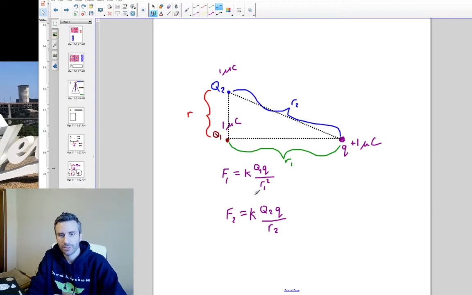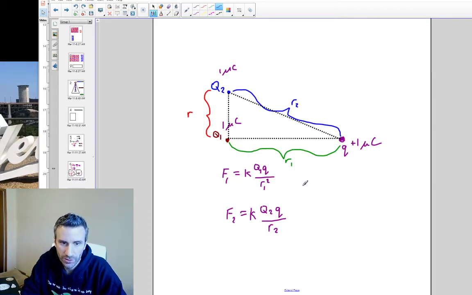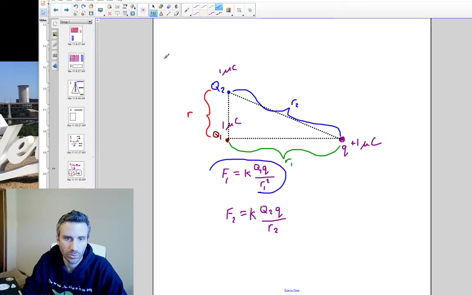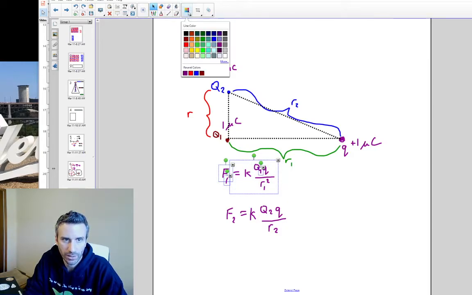So what you would have to do is figure out these forces. This force, the force from object 1, I don't want to mess up my color coordination, so I should make this red. That's better.